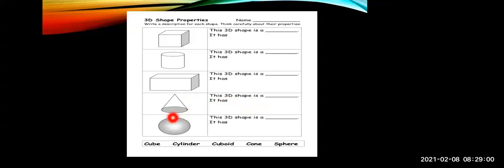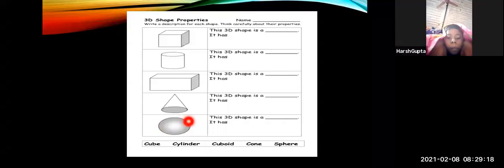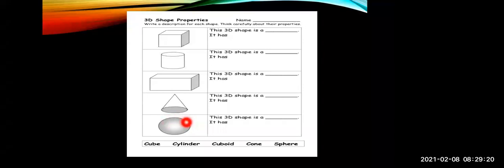Okay. Then the last one, circle. Circle is a 2D shape. Now for this last one, I'm asking the 3D shape. What is it called? Circle. Sphere. Yes, sphere.